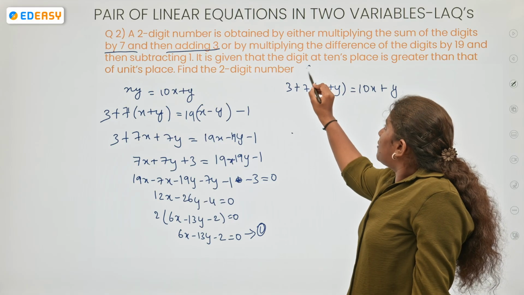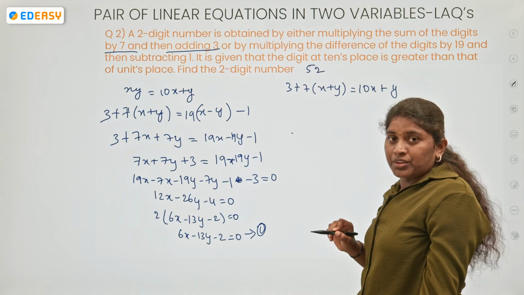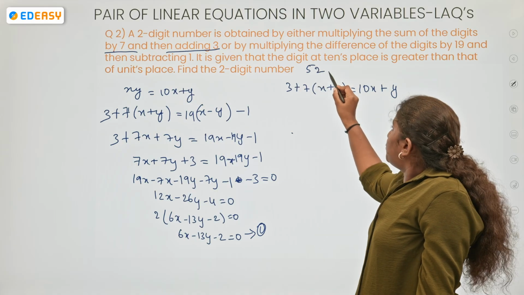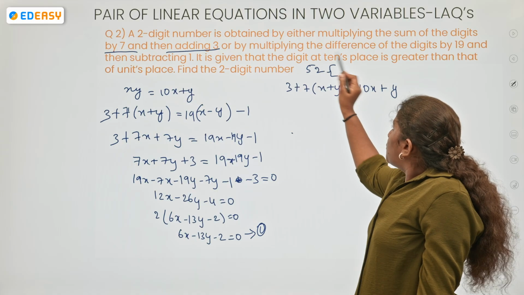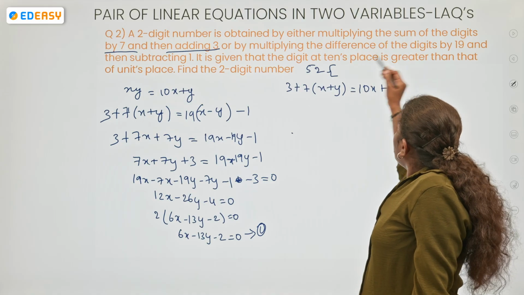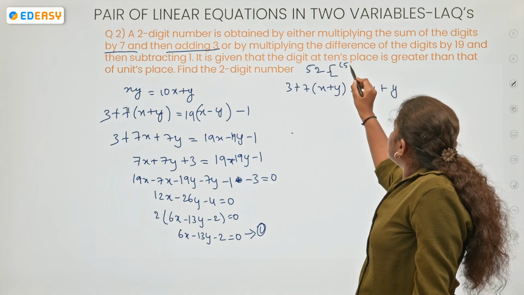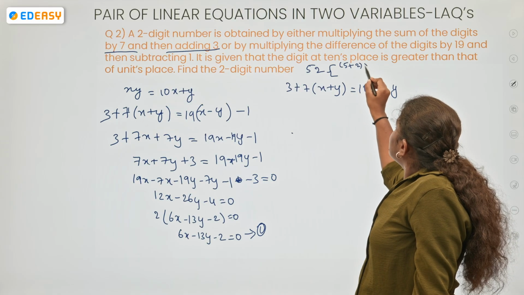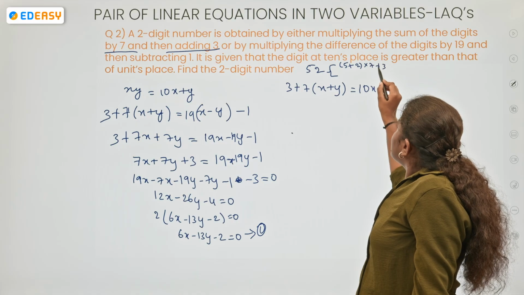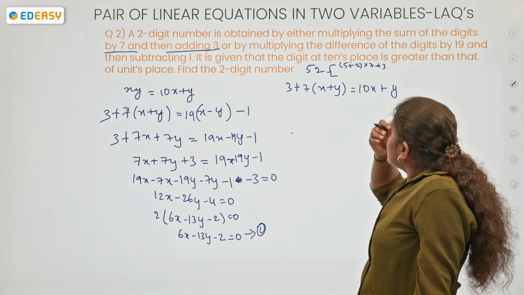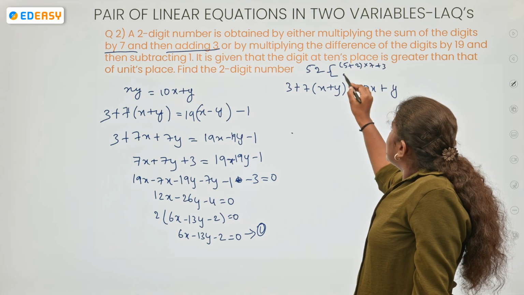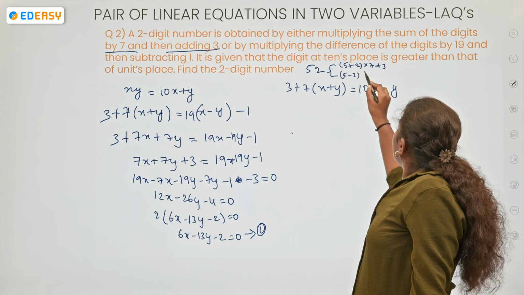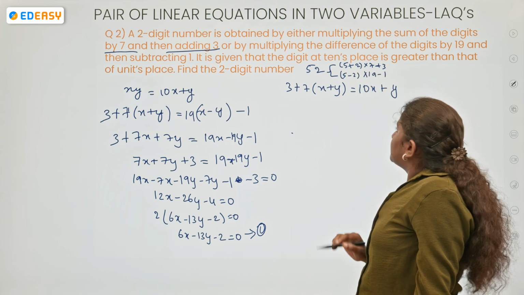It means if I am having a number 52, for the 52 they gave two conditions. One is we need to multiply the sum of digits, that means (5 plus 2) into 7 plus 3. This is one condition. And another condition, multiplying the difference, that means (5 minus 2) into 19 minus 1.